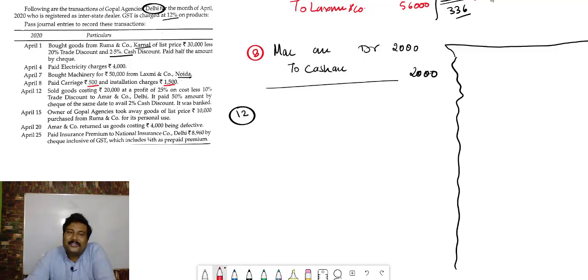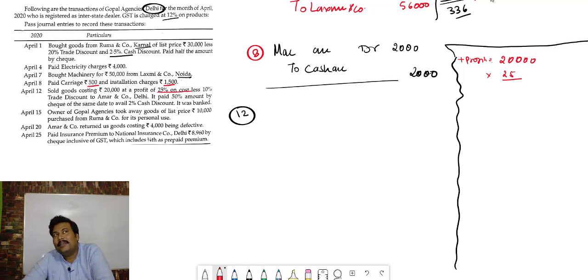The sold goods costing 20,000 at a profit of 25%. Chalo. It means first we have to add the profit. Right? Only then will something be left. So 20,000 is the amount. 25% will be the profit. So 20,000, 25%.